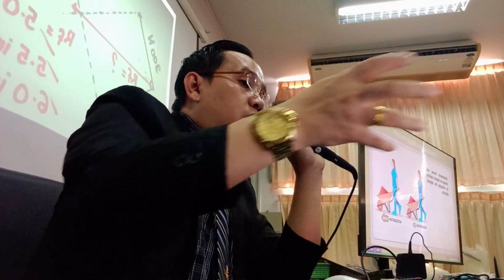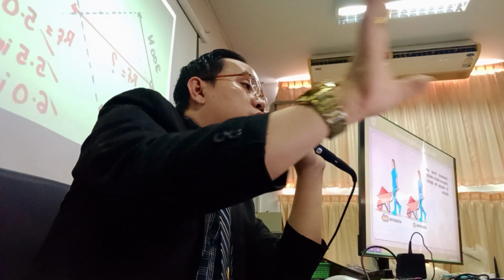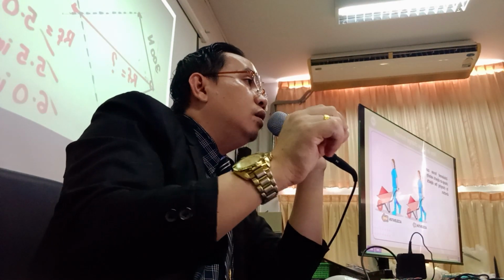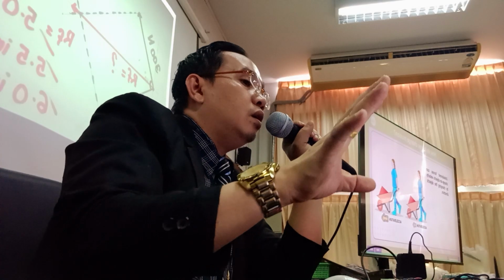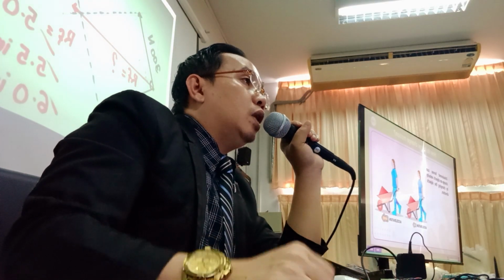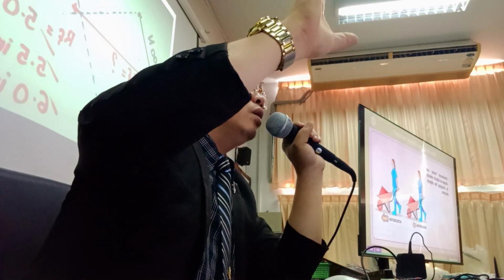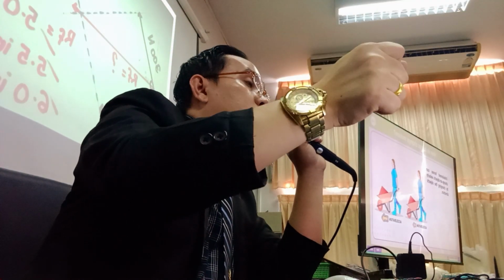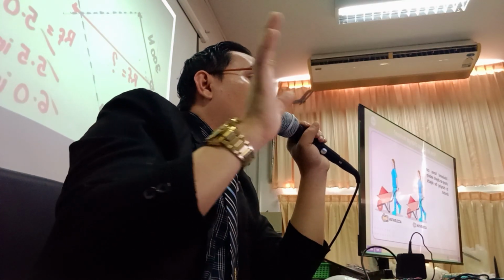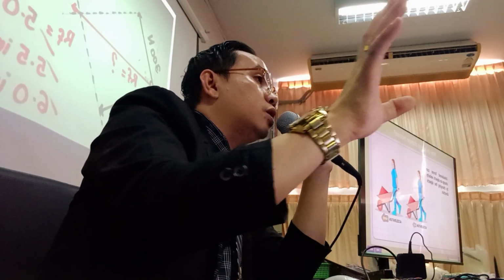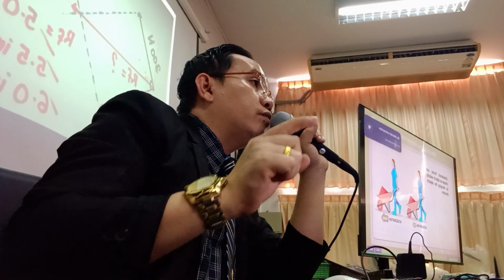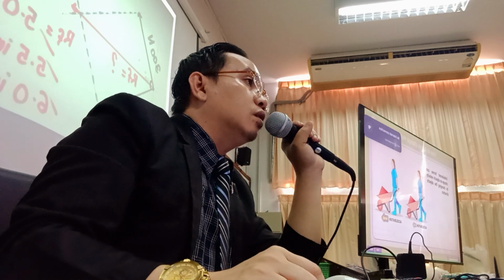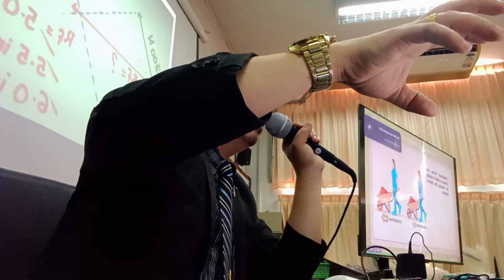Even though it's convenient to push that cart because it has tires, it also depends on the load capacity, and of course the force that you exert when you pull or push the cart from time to time.